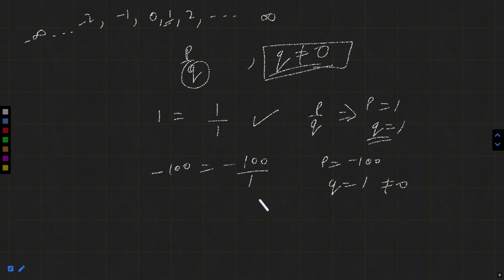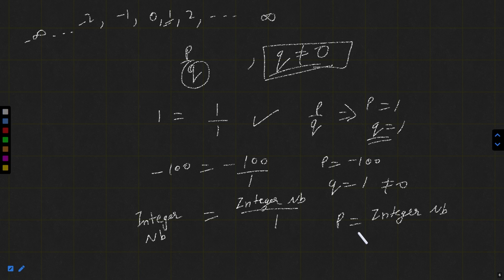So I can write any integer in the P upon Q form, as the integer upon 1, where P will always be the given integer and Q will always be 1, which is not equal to 0.